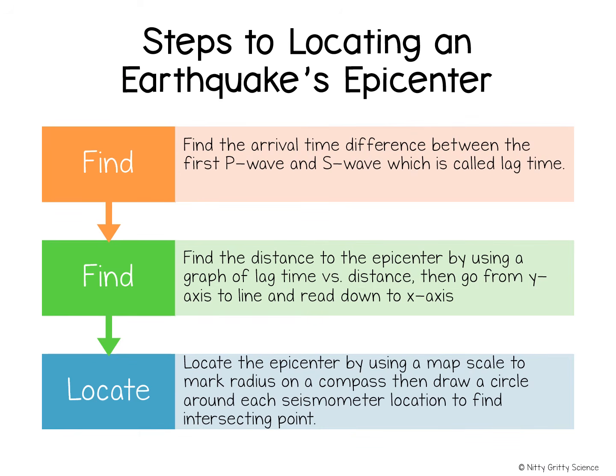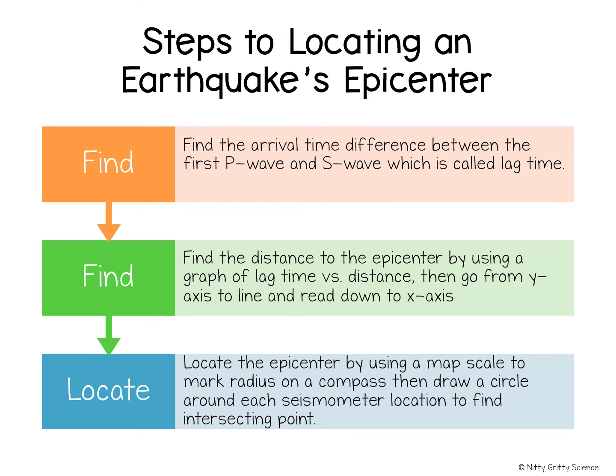First, scientists determine the number of seconds between the arrival of the first P wave and the first S wave on the seismograph. This time difference is called a lag time. The further away an earthquake is, the greater the time between the arrival of the P waves and the S waves. Next, scientists use a graph showing the P wave and the S wave lag time plotted against distance.